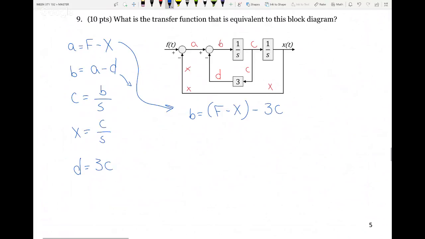Okay, and then so we'll look now at this term, C, which is B over S, that will make this F over S minus X over S minus 3C over S. Okay, now I'm going to stop here and look because I've got a C on this side, I've got a C on that side, so I'm going to combine these together before I move on.